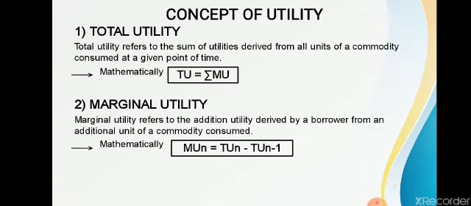Marginal utility refers to the additional utility derived by the consumer from the additional unit of commodity consumed. Mathematically, MUn is equal to TUn minus TUn-1. Here MU is marginal utility and TU is total utility.